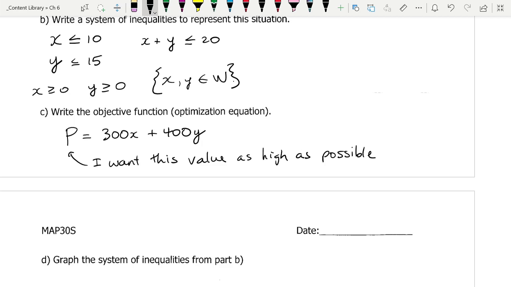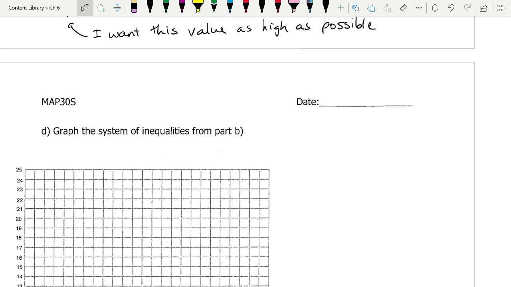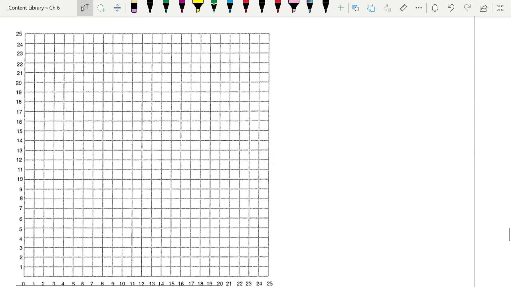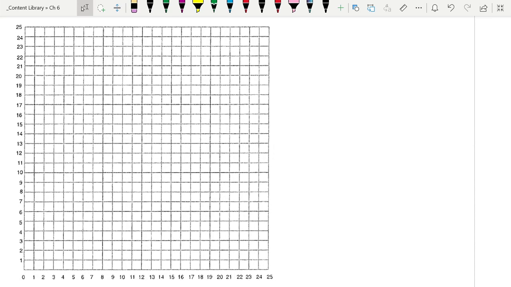All right, we're going to graph our system of inequalities. We'll do this quickly because we want to get through like 3 examples today. First inequality is x is less than or equal to 10. So draw me a straight line through x is 10.